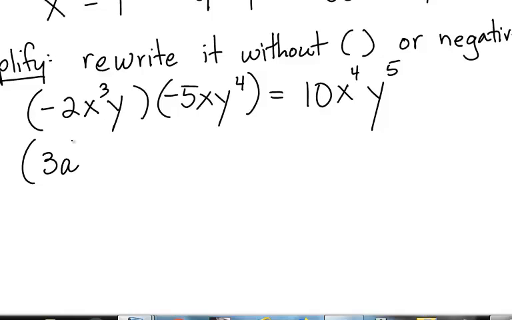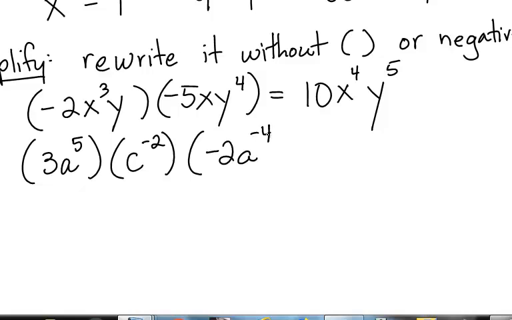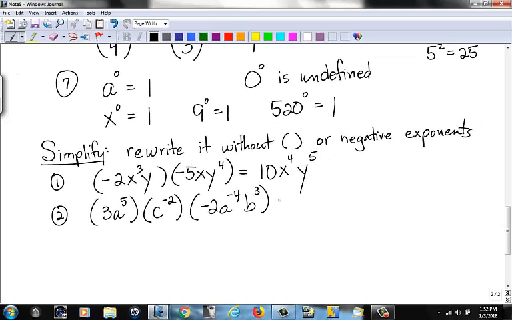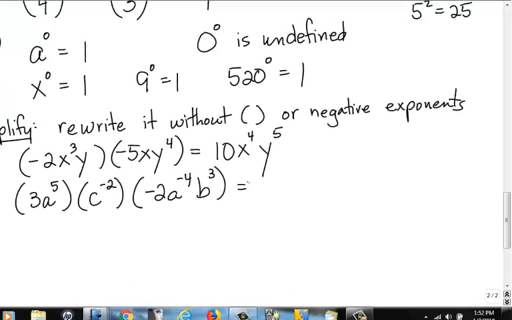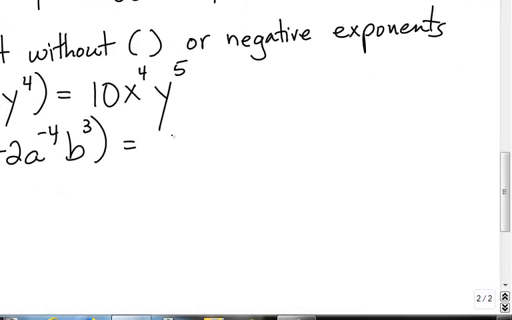Parentheses 3a to the fifth times c to the negative 2 times the quantity negative 2a to the negative 4 b to the third. Multiply, there's nothing on the outside. Multiply the coefficients. 3 times negative 2? Negative 6. A to the first, right? Or just a. B to the third.